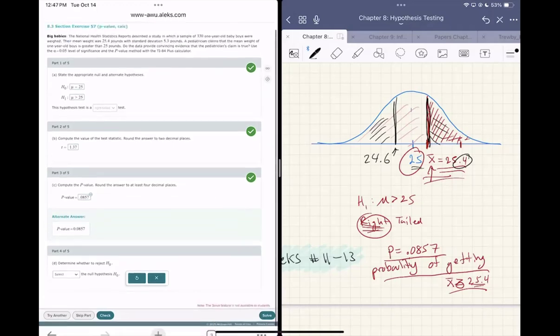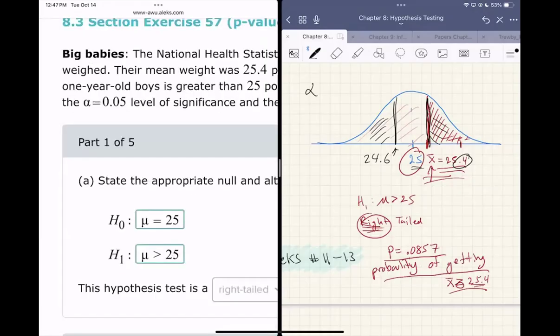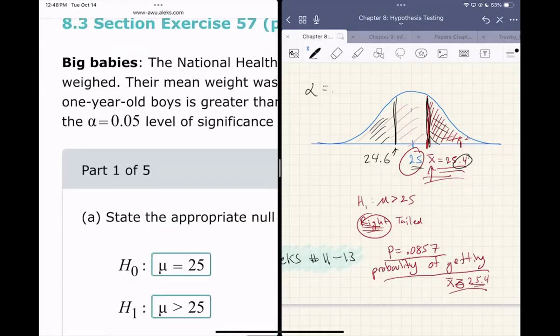All right, do we reject the null hypothesis? No, we do not reject, and let's make sense of that. I'll hit check real quick, and it gives a little green check. There's going to be some threshold, and that's the alpha value. This problem says alpha equals 0.05, which is really common.